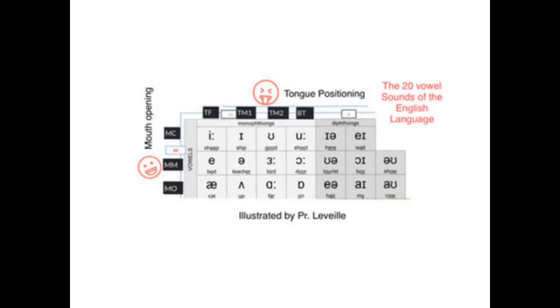Okay, one thing you need to understand also is the chart is created very systematically. So especially for the vowels, and also don't forget, without a vowel there's no sound.